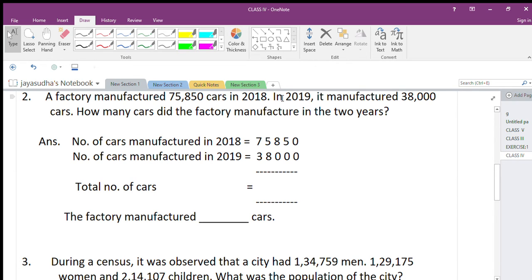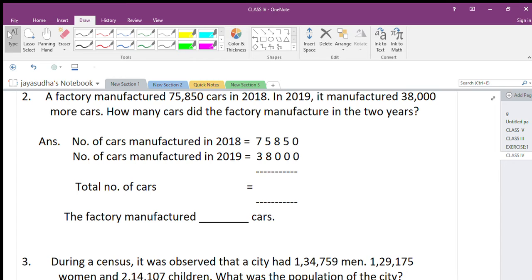Okay. In 2019, how many cars were manufactured? 38,000 more cars. Which year? 2019.